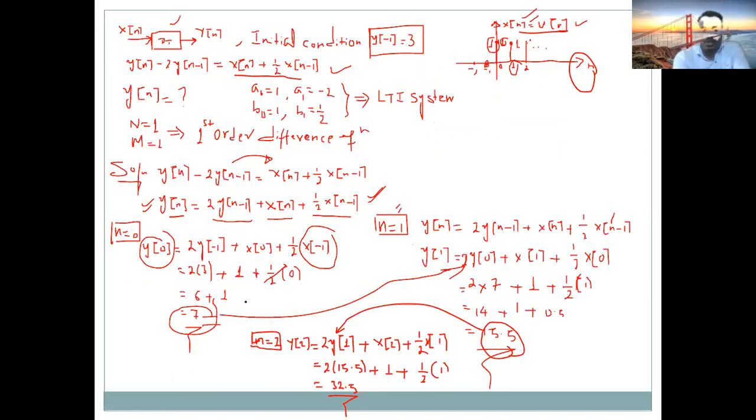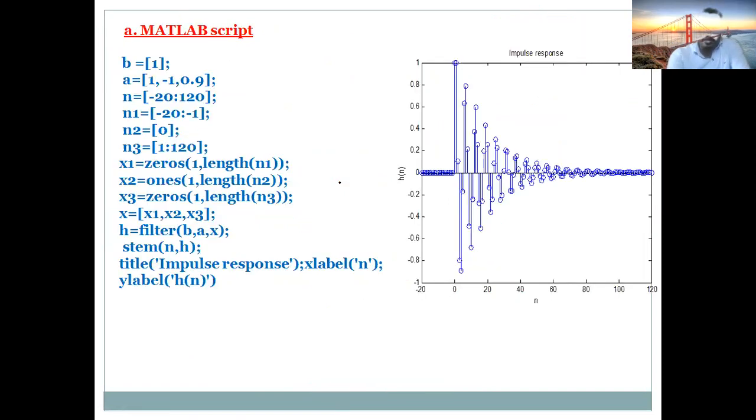Here I showed you manually, right? How you do it by hand, calculate output from the difference equation. Using MATLAB also, as you can see here, we use filter. It will give you the output.